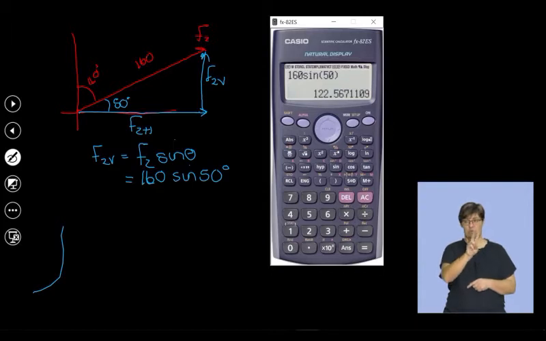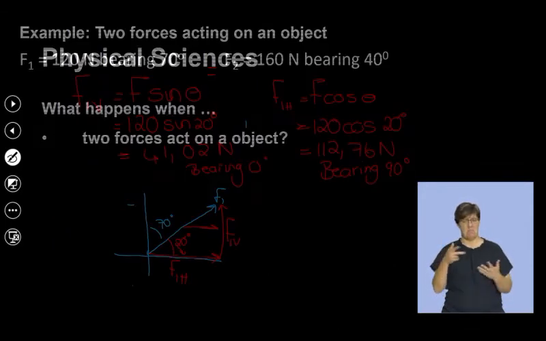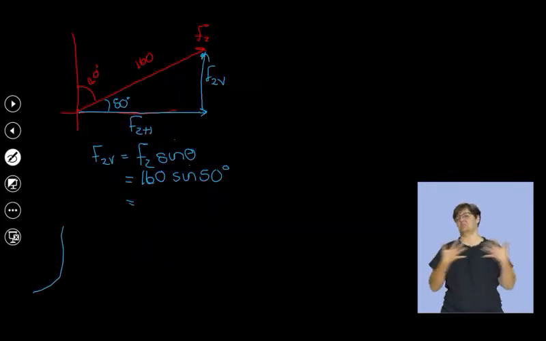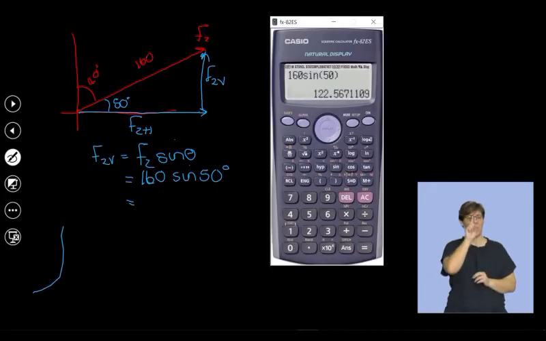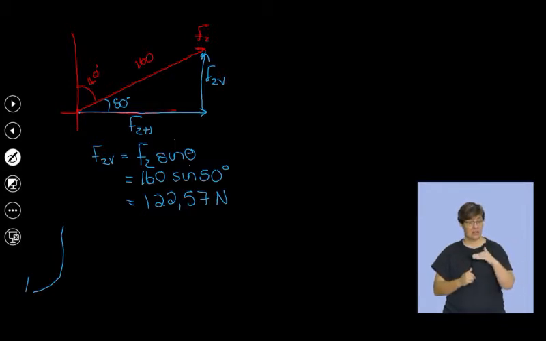And it's 122,57, because that's 67. It's going to round up. Okay, I'm too fast for the board. That's what's happening. Now I've forgotten what the answer is. There we go. 122,57 newtons. This vertical is also up, so it's bearing 0. Okay, so it's vertically up.